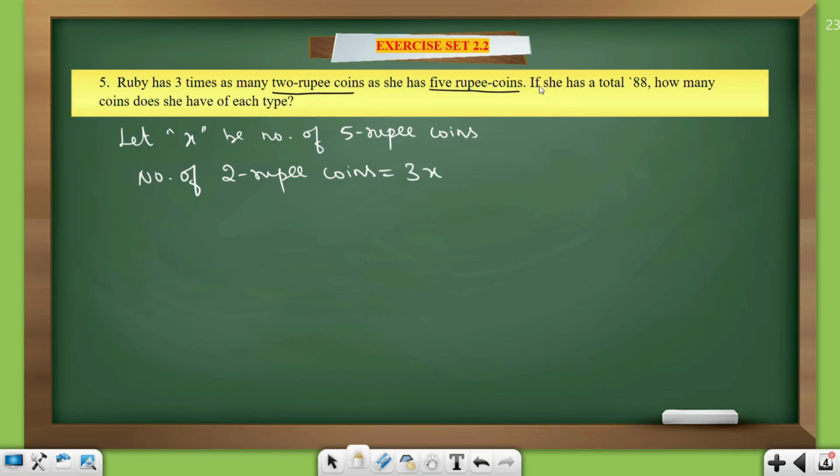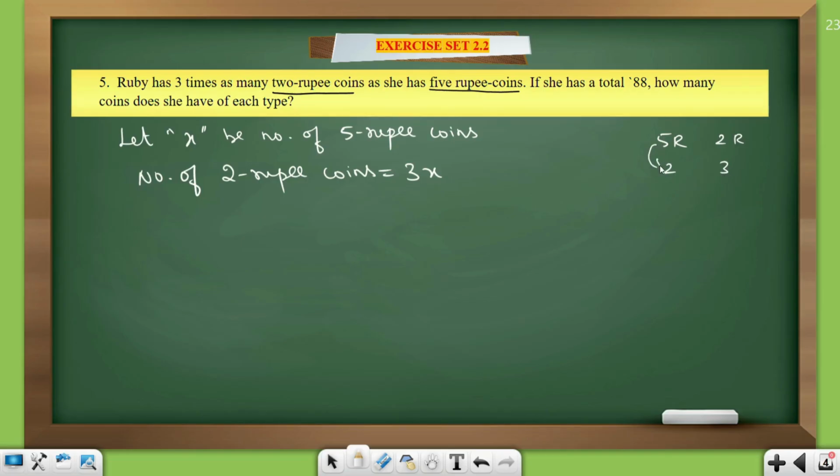So these are the two pieces of information given in the first line. Then in the next line, if she has a total of rupees 88, then find the number of coins of each type. Here one thing is important: since the total is given as 88, we have to calculate accordingly. Suppose I have 2 five rupee coins and 3 two rupee coins.